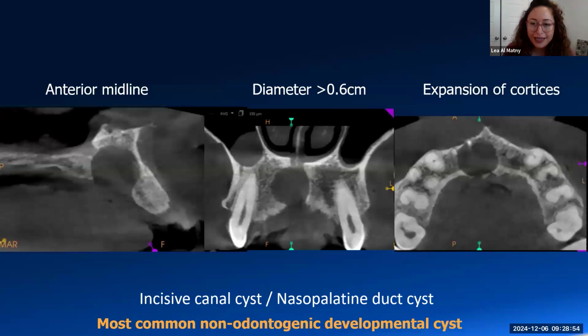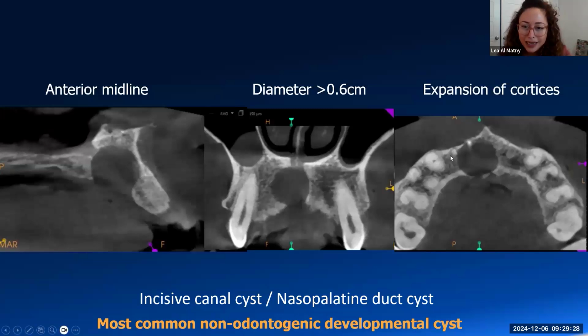So radiographically, the 3 rules for us to assume or suggest that this is an incisive canal cyst is when you see circular in shape, or sometimes it could be a bit irregular, but it's always well defined. So you will always be able to tell where it starts, where it ends, see that it does originate from the incisive canal, and for the diameter to be larger than 0.6 centimeters, and you should see mass effect on the cortical plates.